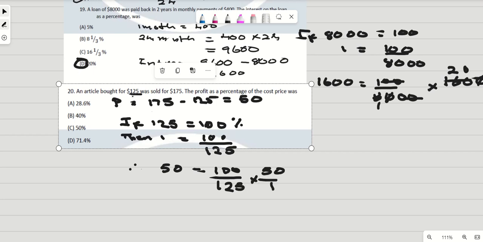First off, let's use our 25 timetable. 25 into 100 is 4. 25 into 125 is 5. 5 into 5, 1. 5 into 50 is 10. So 4 by 10 is 40. So my answer is B, which is 40%. And that would be the end of numbers 1 till 20 for January 2023.